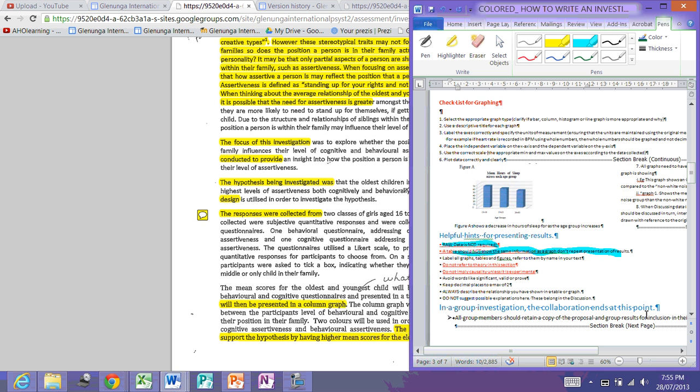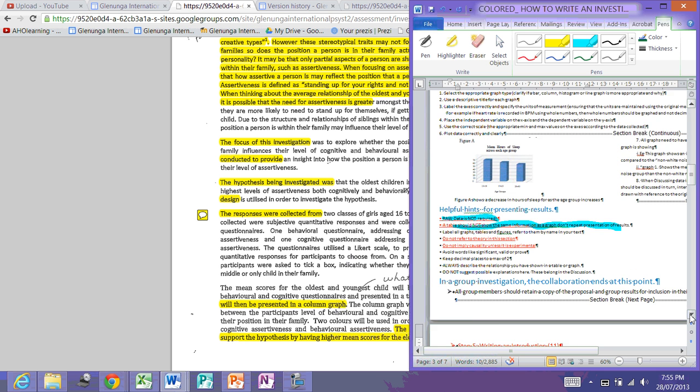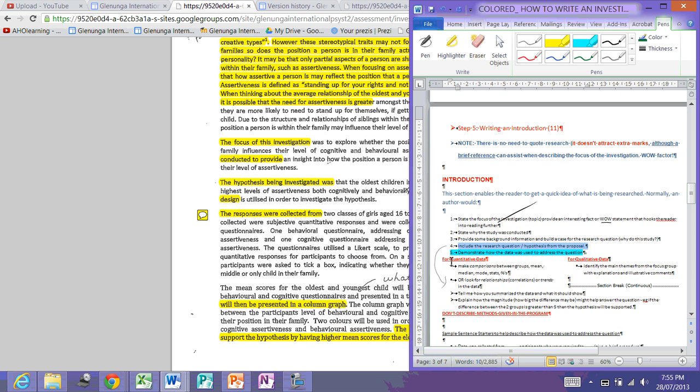Look at this, what we say in the introduction. We say, state the focus of the investigation, why the study was conducted, provide some background information, and then tell us how the data is going to be used, quantitative data, qualitative data, how you collect them. All these things are very important.